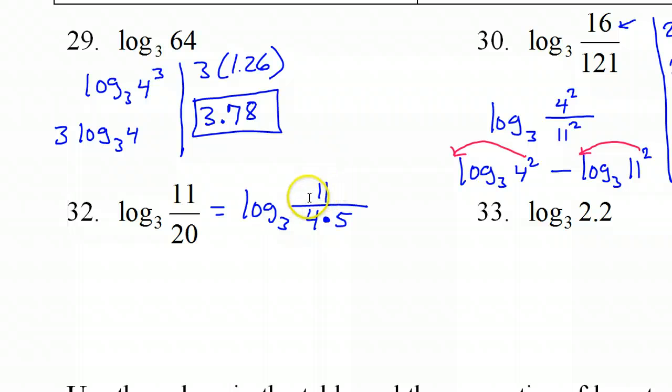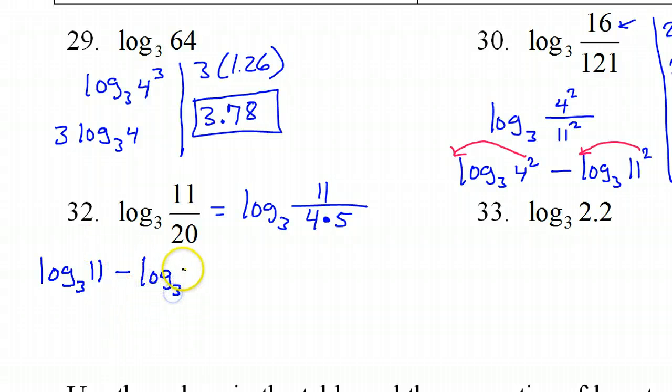Anything in the numerator will become a positive term. Anything in the denominator will become a negative term. So the 11 is positive, so I'm going to have log base 3 of 11. These two are both in the denominator, so they will both be minus. So minus log base 3 of 4 minus log base 3 of 5.